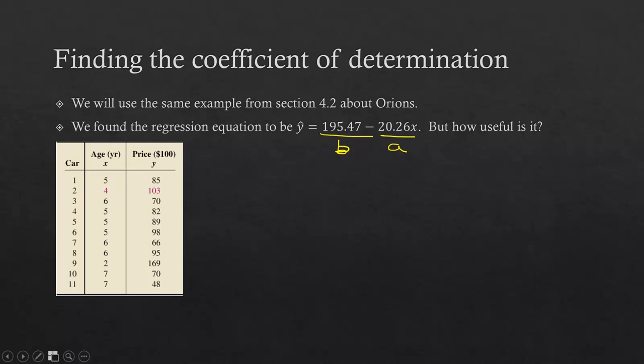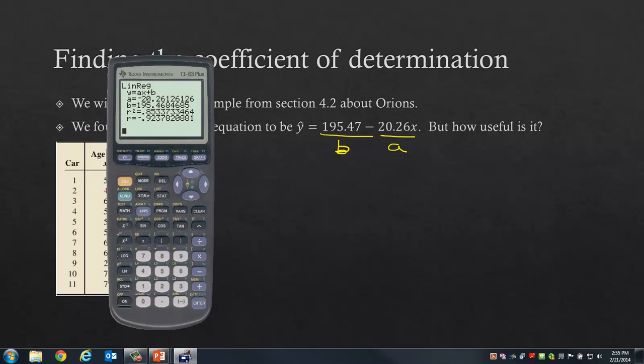Okay, so now notice, look at your calculator. What we're trying to find out is how useful this regression equation is. Now, we reviewed just now how to find it. This is how you find your regression equation, but you're given a couple of more things.